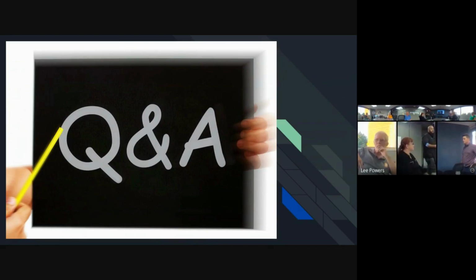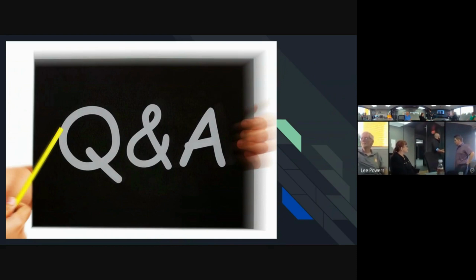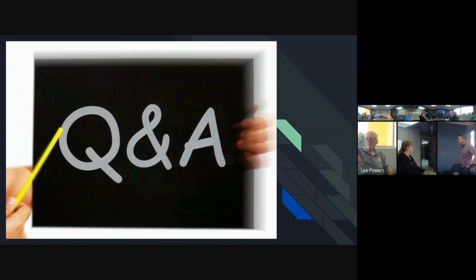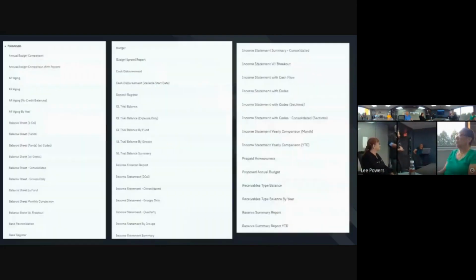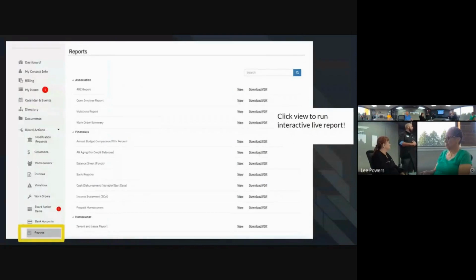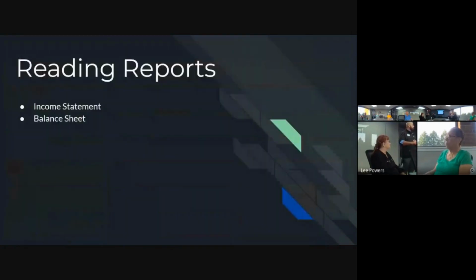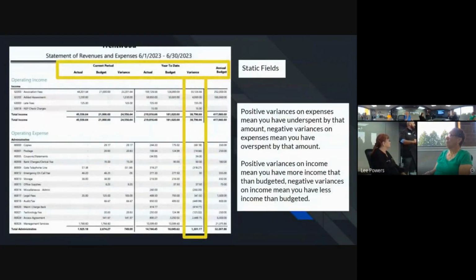So on your income statement, you're going to see that as in this example we had way back in the beginning. Let me go back to that real quick. Okay, so this is an example.